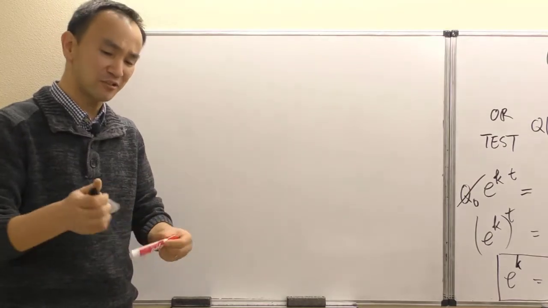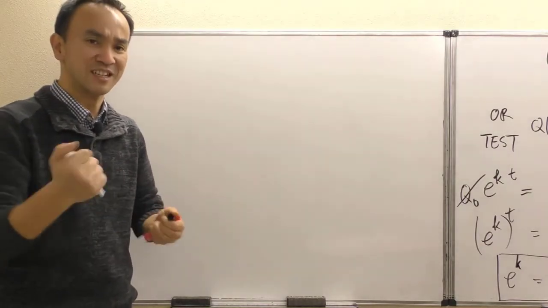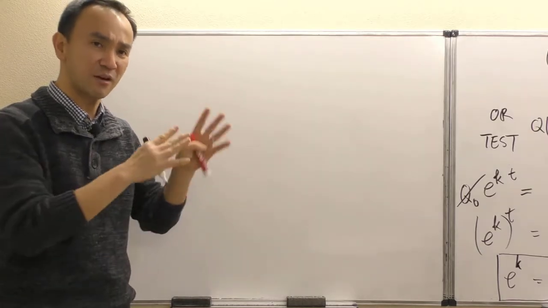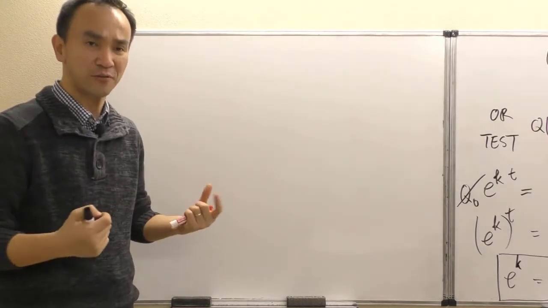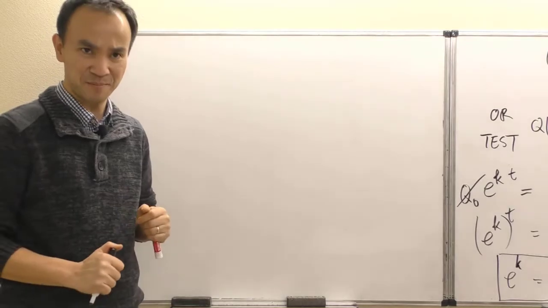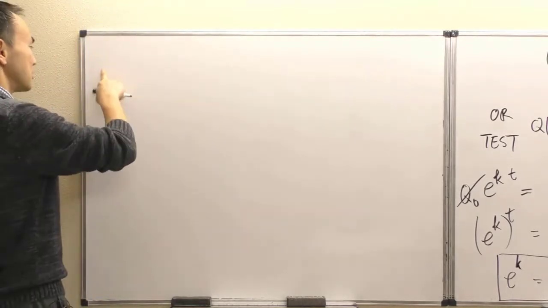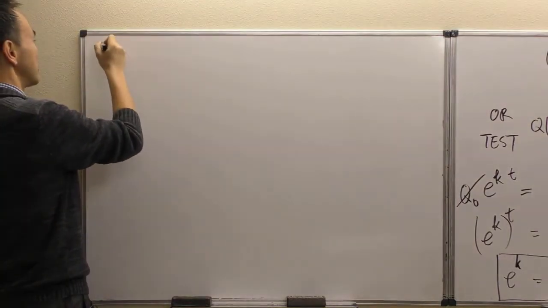Okay, so let me take you into example 2 so that we can explore how important this understanding can be for us in real life application. So now I'm going to call that example 2.